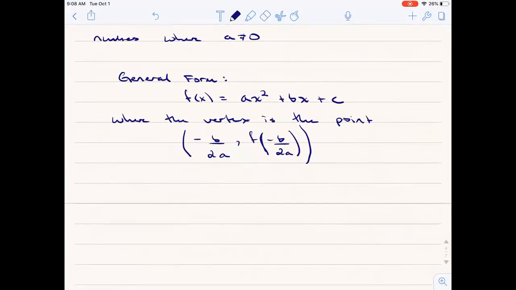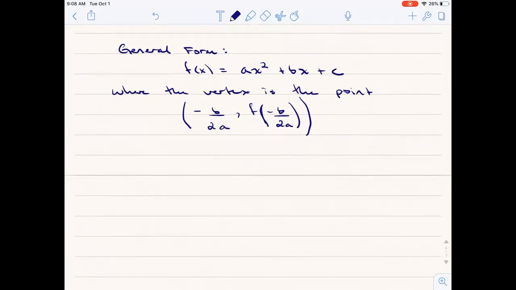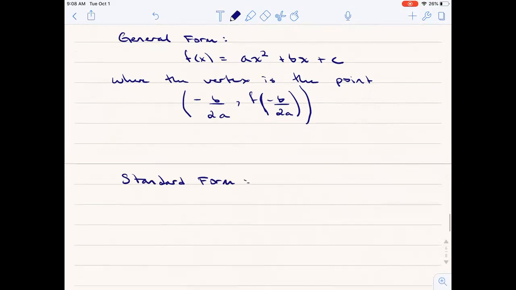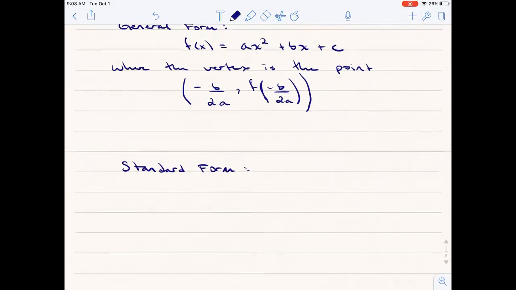Or the standard form, I'll ditch this page break here. Standard form, which looks like f of x is a times x minus h squared plus k.